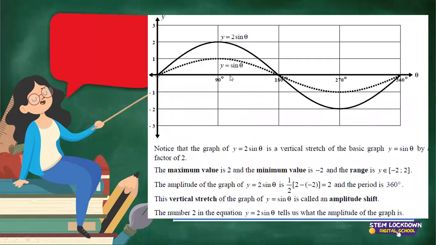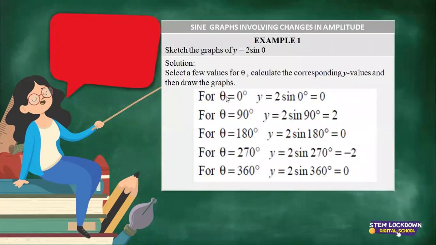If you like, you can have intermediate values, but these are the important values you need to have on your x-axis. Now you plot: when theta was 0, y was 0. At theta 90, y was 2. At theta 180, y was 0. At theta 270, y was -2. And at theta 360, y was 0.